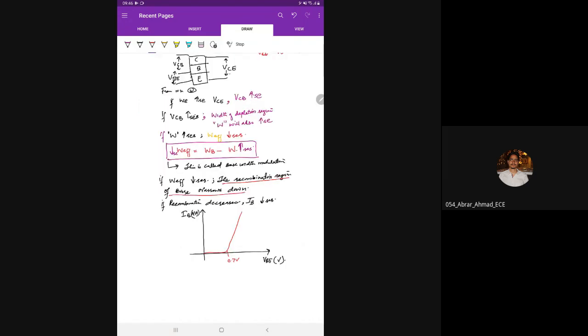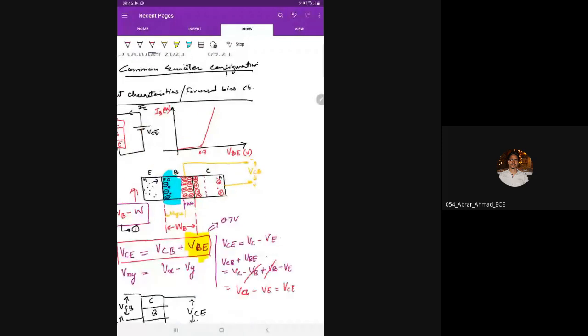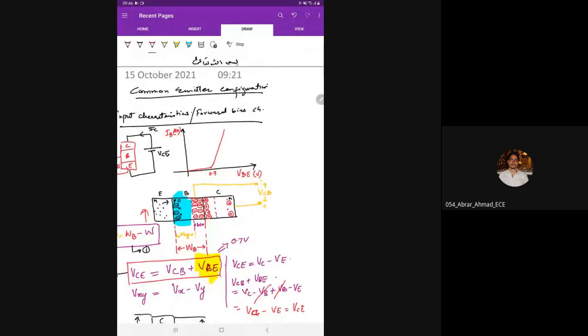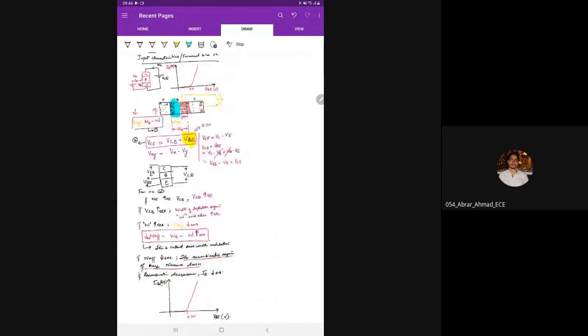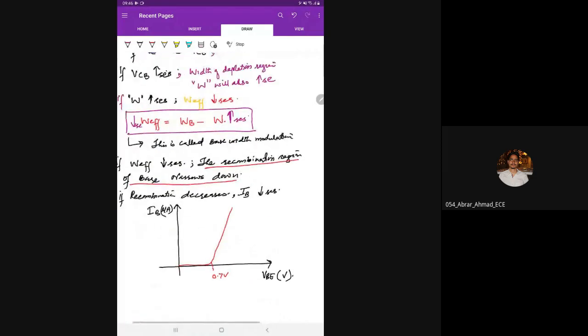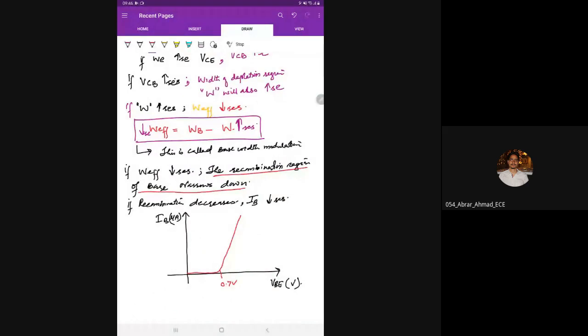As VCB increases, it means then IB decreases. Okay. We have already seen it. As VCB increases, IB decreases. So there will be this curve now. You will have another curve now, something like this.